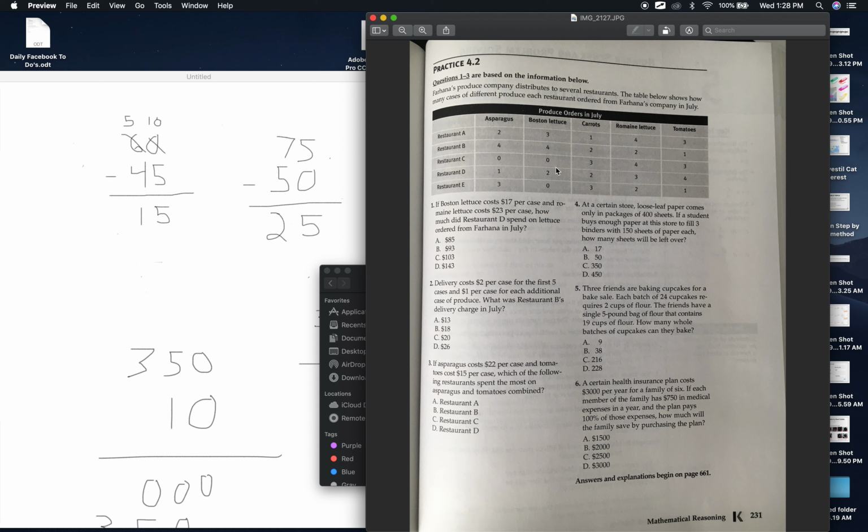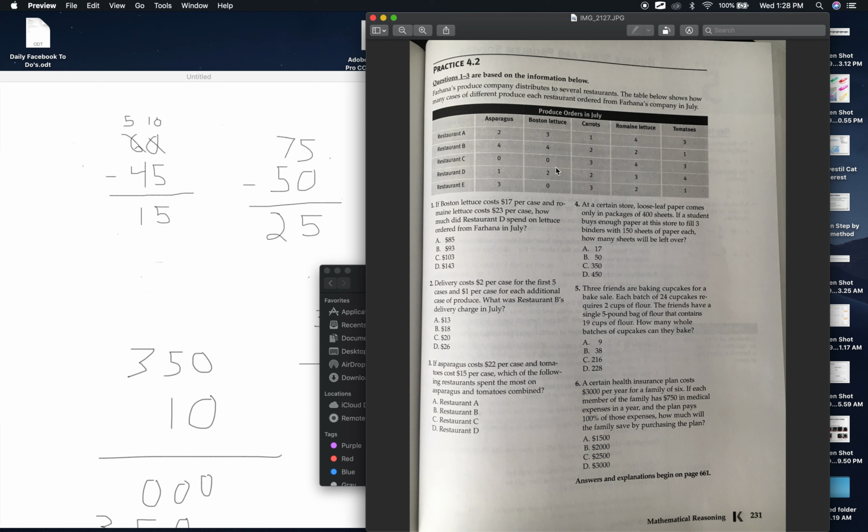So, here's the table. If Boston lettuce costs $17 per case and romaine lettuce costs $23 per case, how much did Restaurant D spend on lettuce ordered from Farhana in July? So what did she get again?